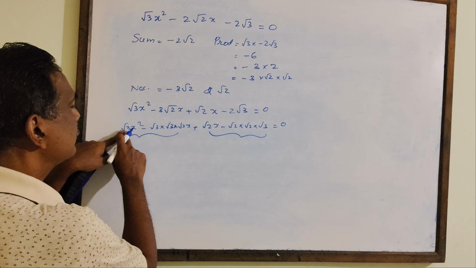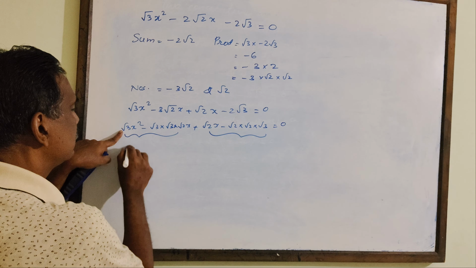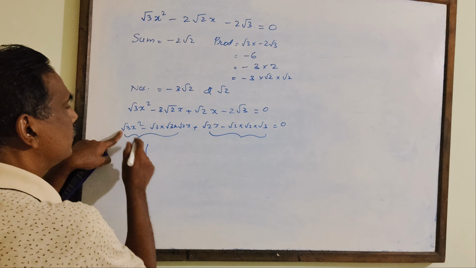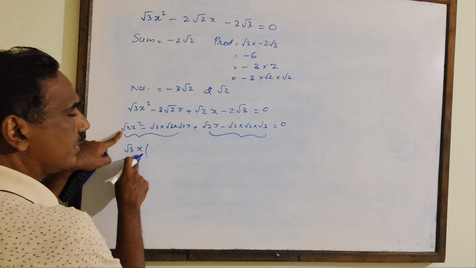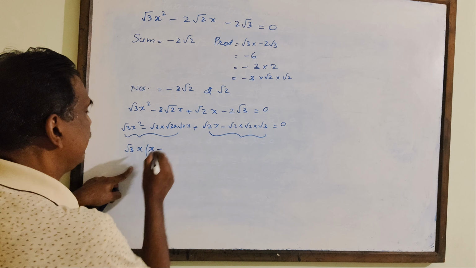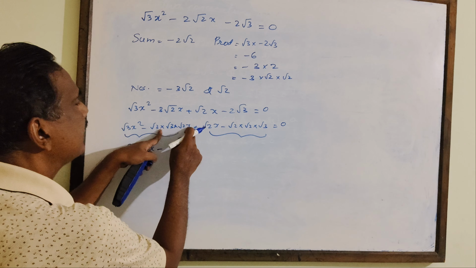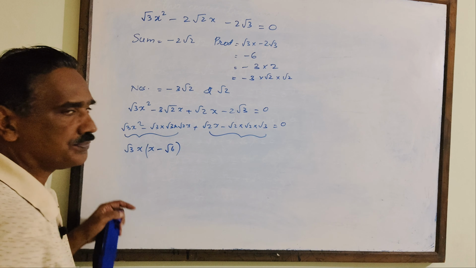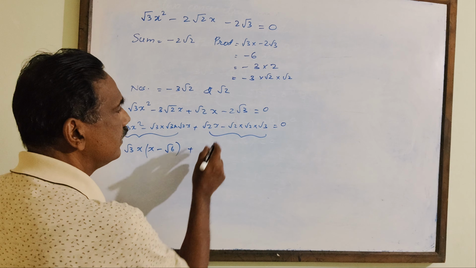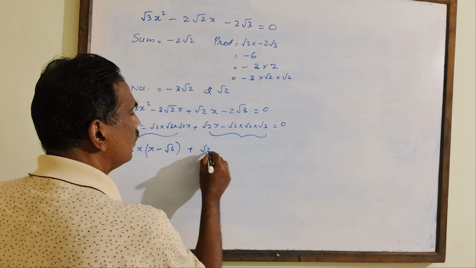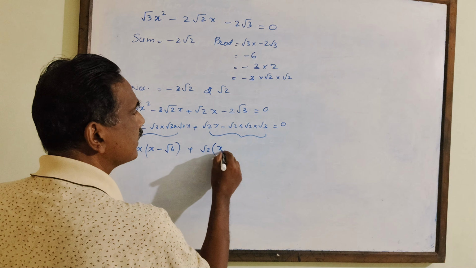You can see root 3 is common here, okay, root 3, then x is common, x into root 3x square, so already root 3x is taken outside, remaining is x, minus root 3 and x are taken, remaining is root 3 into root 2, that is root 6, plus from here you can see root 2 is common, root 2 into what is remaining, x.